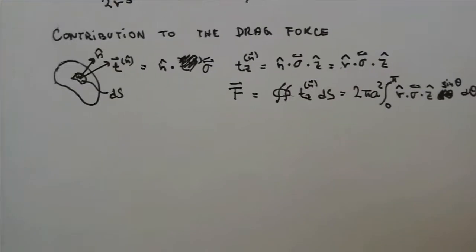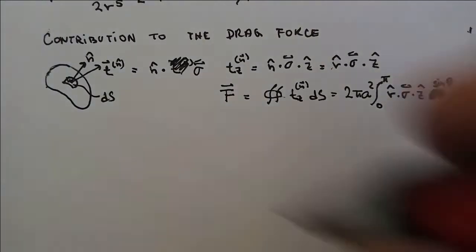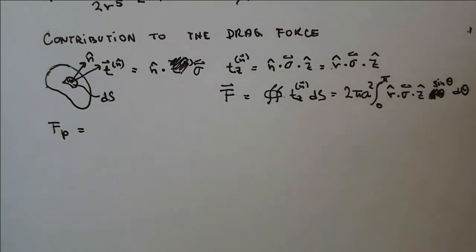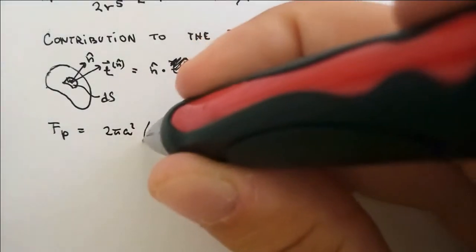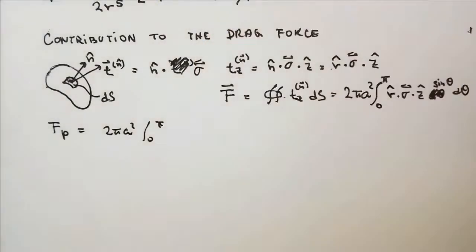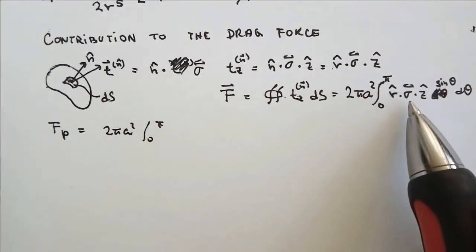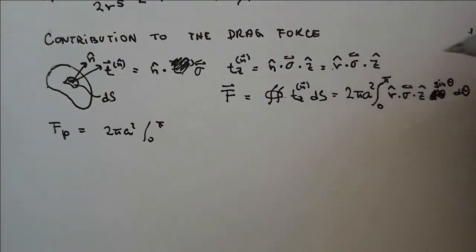We can split it into 2 parts. The first part from the pressure, which will turn out to be 0, it's going to be 2 pi a squared and the integral from 0 to pi times this, and we already know the pressure. This is for our purpose.